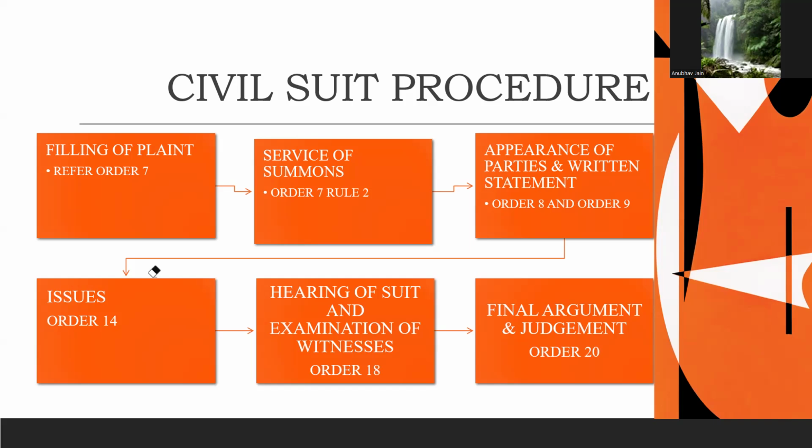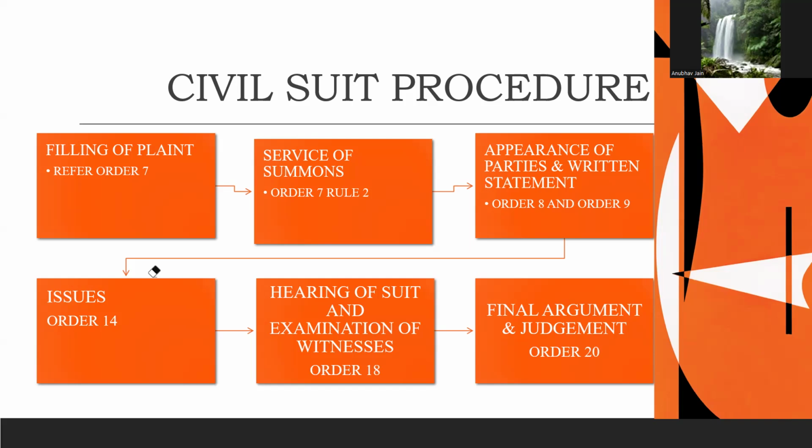Suppose the plaintiff has made that written complaint to the honorable court and filed it. After that, the court checks what the plaint is all about. Then it orders service of the summons. Service of the summons is governed by Order 5 Rule 2 of the Civil Procedure Code 1908.